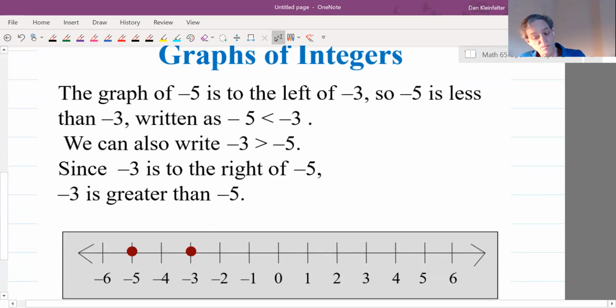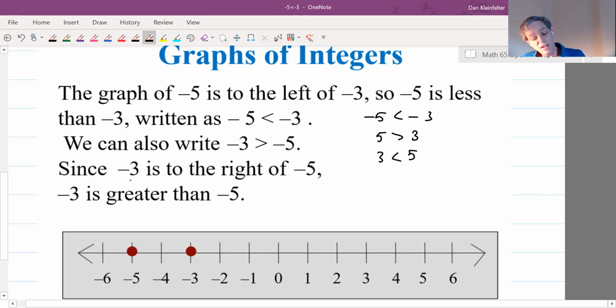So taking a look at our graph below, negative 5 on the number line is to the left of negative 3. So negative 5 is less than negative 3. Now it looks a little awkward because you're used to saying, well, 5 is bigger than positive 3. That's true. And 3 is less than 5. But negative 5 is less than negative 3.